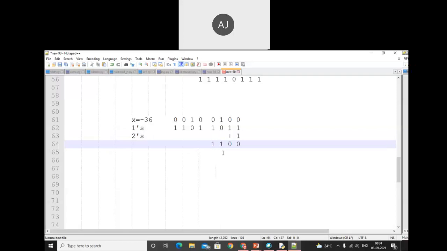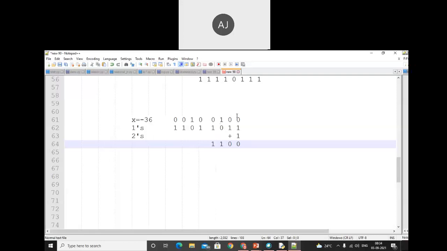Maybe problem here. This is the binary of 36. Is it 36? 32 plus 4? Yeah, we are doing, just 1 minute.